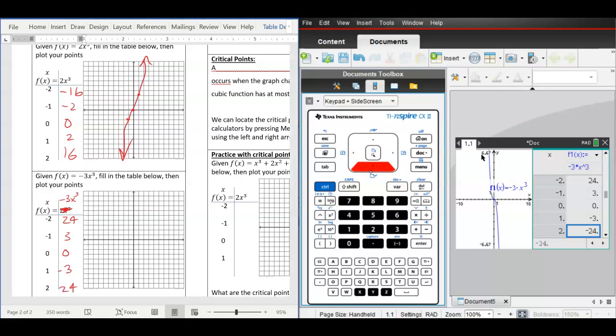Again, the 24s are off the grid, but let's plot the ones we can. -1, 3, 0, 0, and 1, -3.